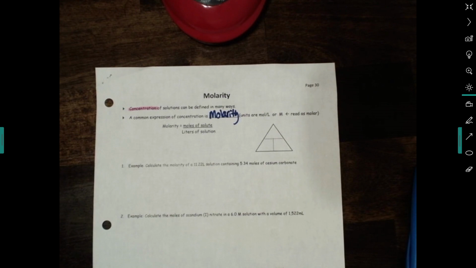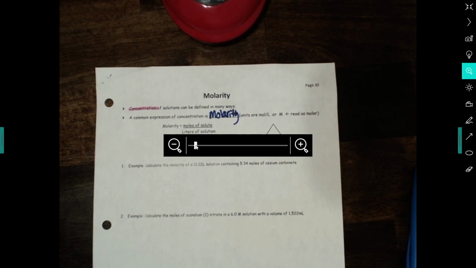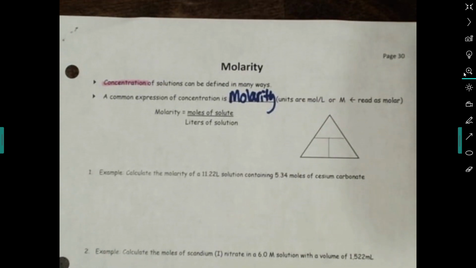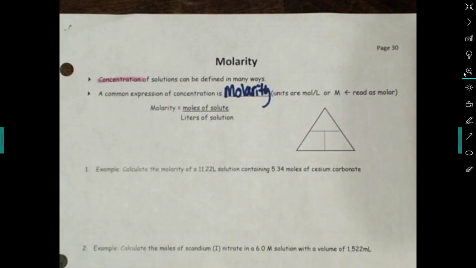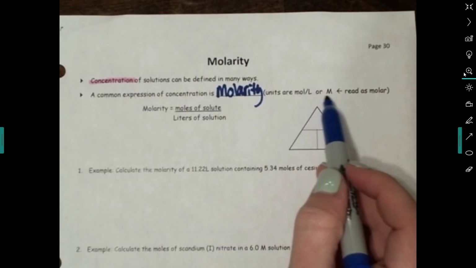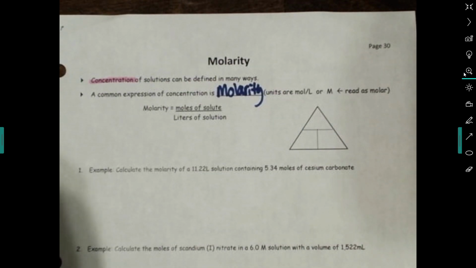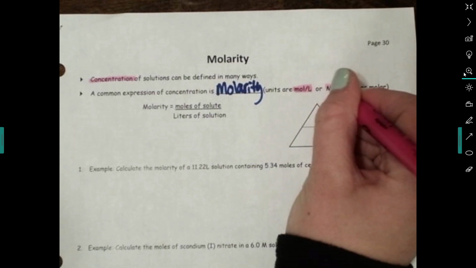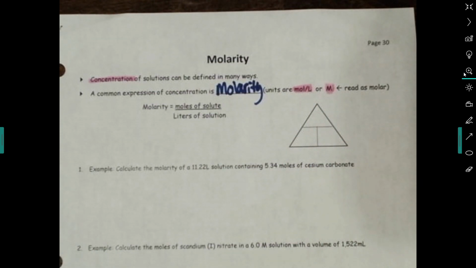Molarity. So let me zoom in on that. So that's what molarity is. It's just a way to measure or to define or to express concentration. And its units are moles per liter, and it's expressed right here as a capital M for molarity, okay? And it's read as molar.